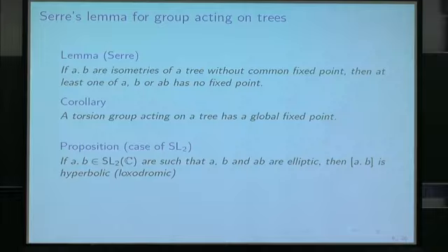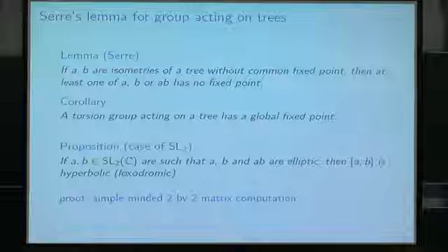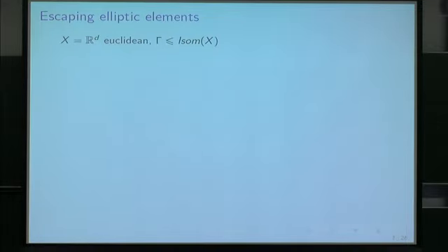Here by elliptic, I just mean that the eigenvalues have absolute value 1. The proof of this is just a simple 2 by 2 matrix computation. But this means that very quickly you get out of elliptic elements. Okay. So let's look at this problem a bit more thoroughly.